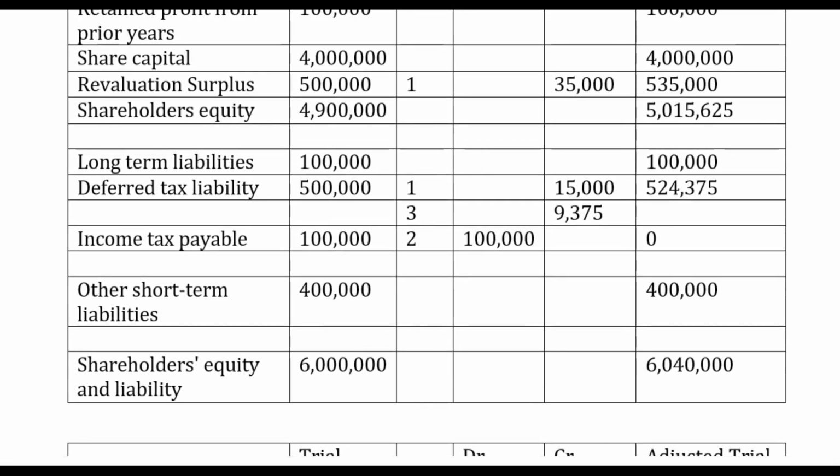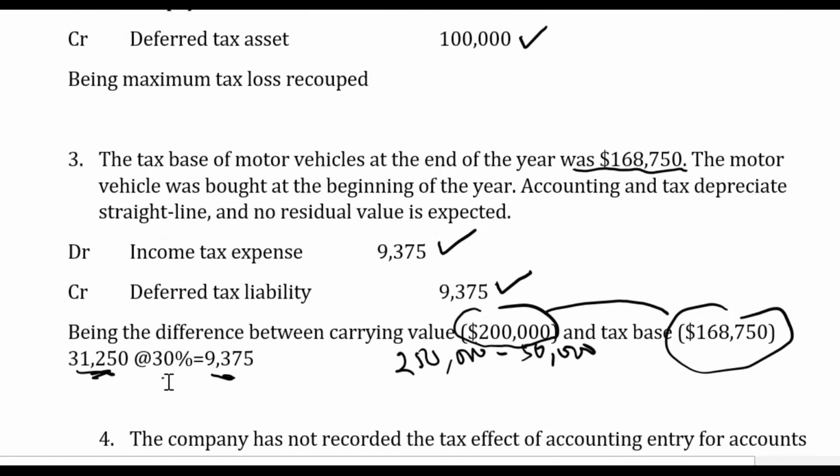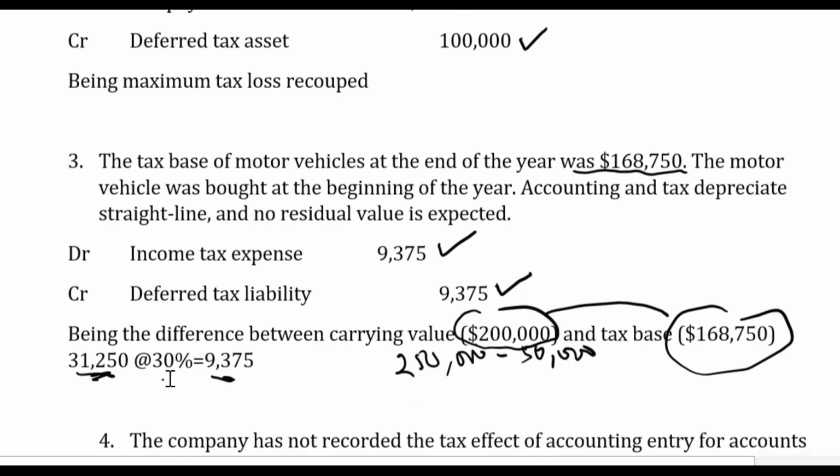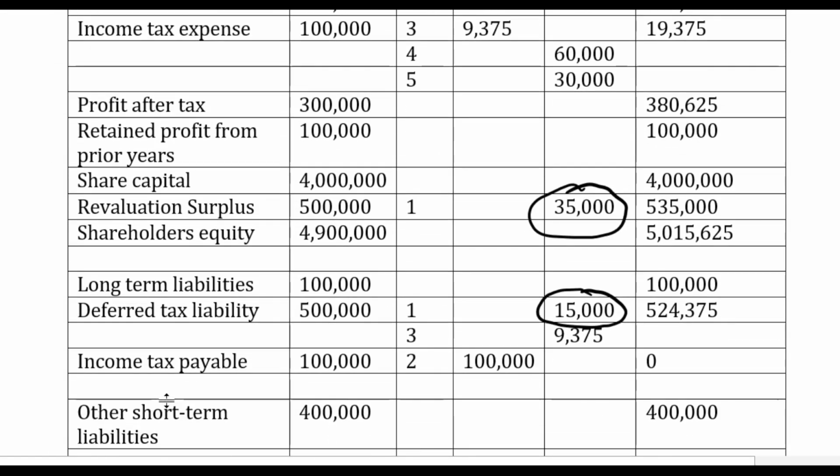Our deferred tax liability increased by 15,000, 30% of 50,000, and the remaining amount was revaluation surplus 35,000. The second item that we had was carry forward tax loss. Now we're going to write off the tax loss.